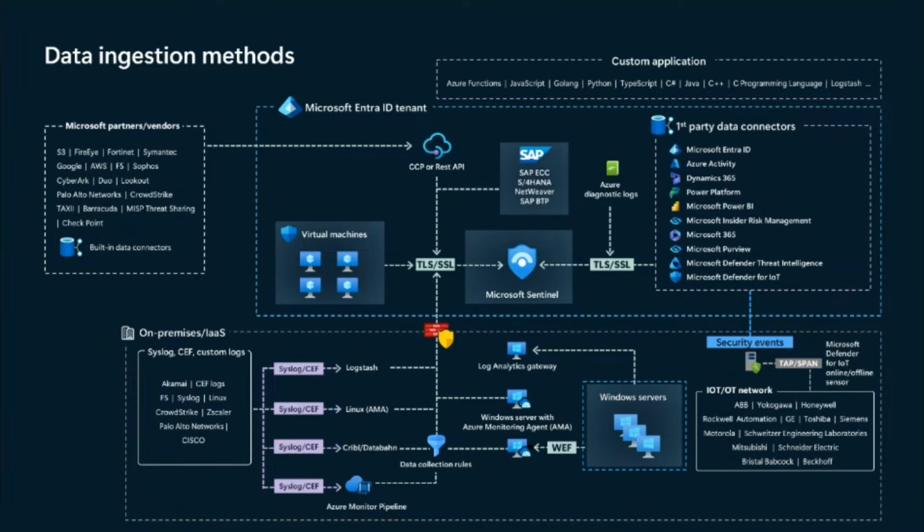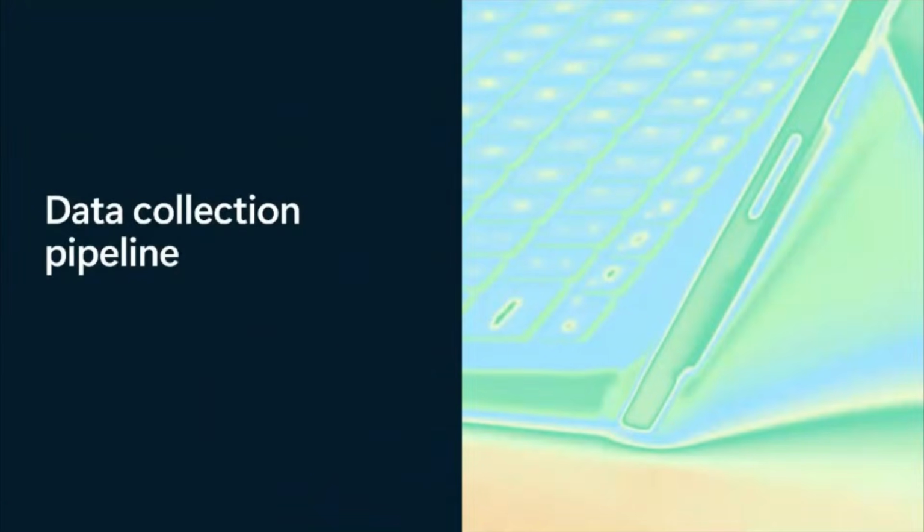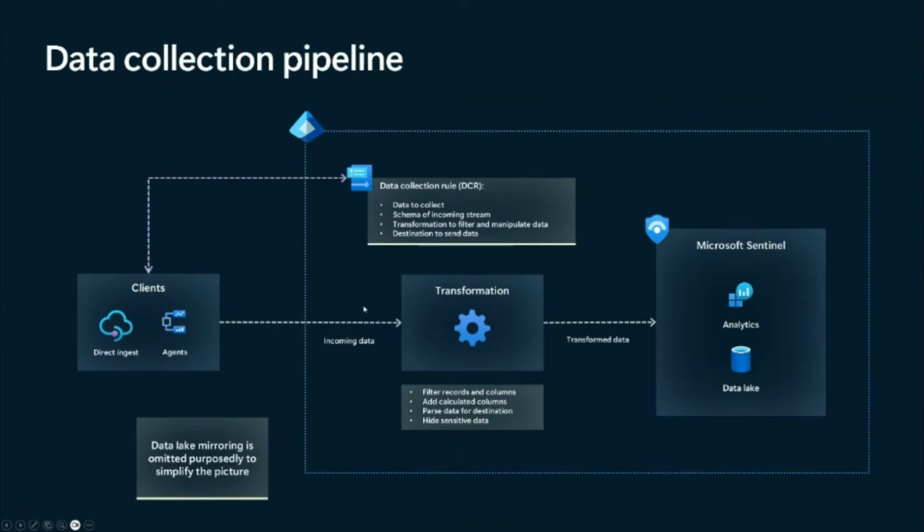All right, so moving on, let's take a higher-level view of the data collection pipeline and see how this is all working. Thinking about all the different log ingestion methods, if we take a step back, essentially those are all clients sending data into your Sentinel workspace. Those clients could be going in through direct ingest or through some form of an agent, sending data eventually into your Microsoft Sentinel workspace.